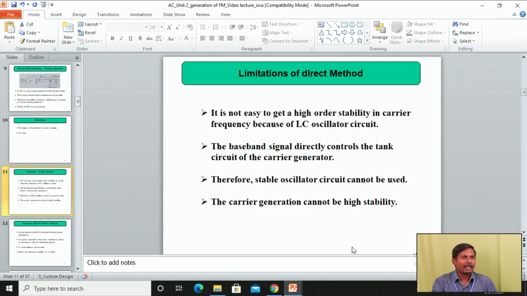The carrier generation cannot have high stability. So these are the limitations present in the direct method, because the LC oscillator circuit is not able to be controlled, and therefore the stability is not good over the entire range of frequency.